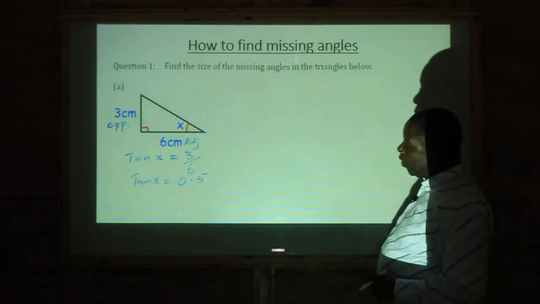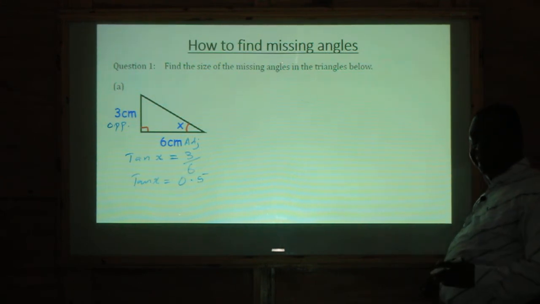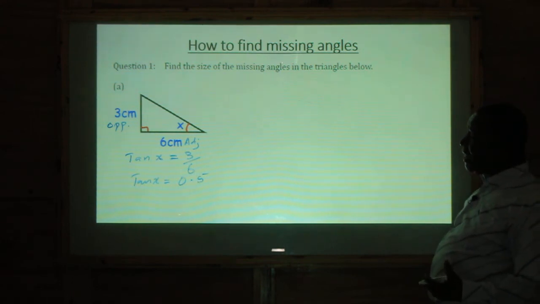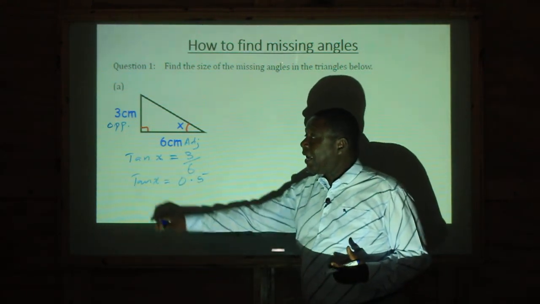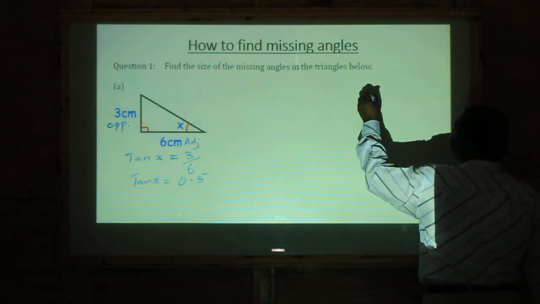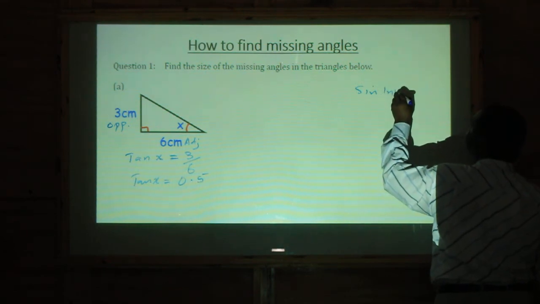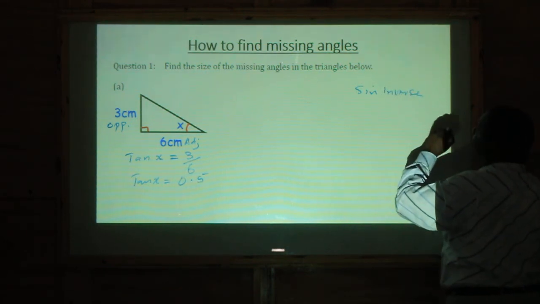Once you get to this point, where you have tan x is equal to 0.5, you always take the inverse of this angle. And this is how you write it. If you want to take the inverse of sine, it's going to be sine inverse.